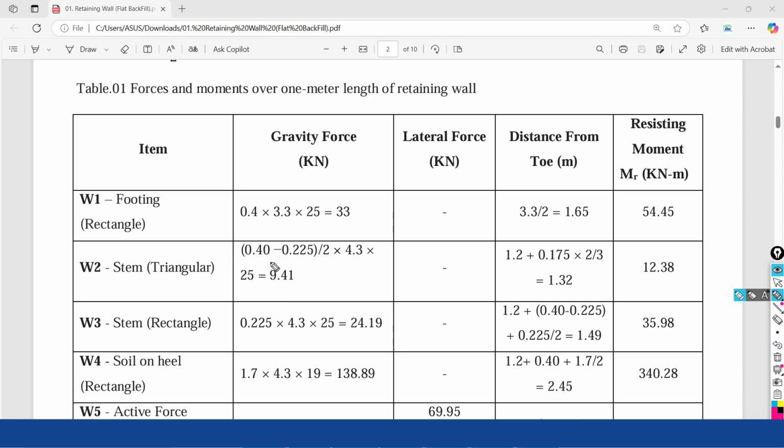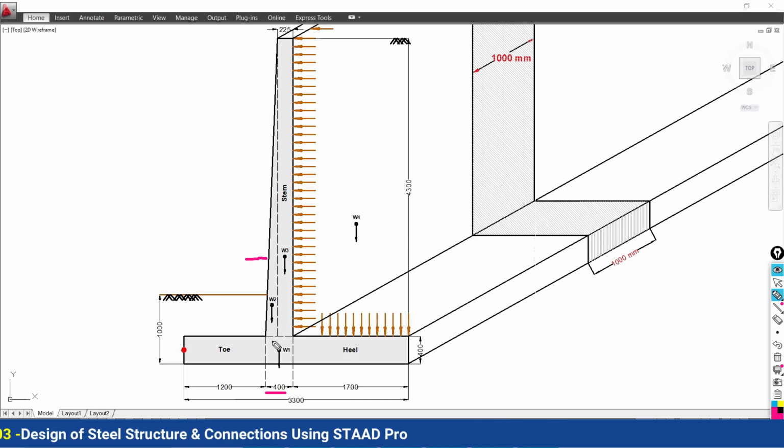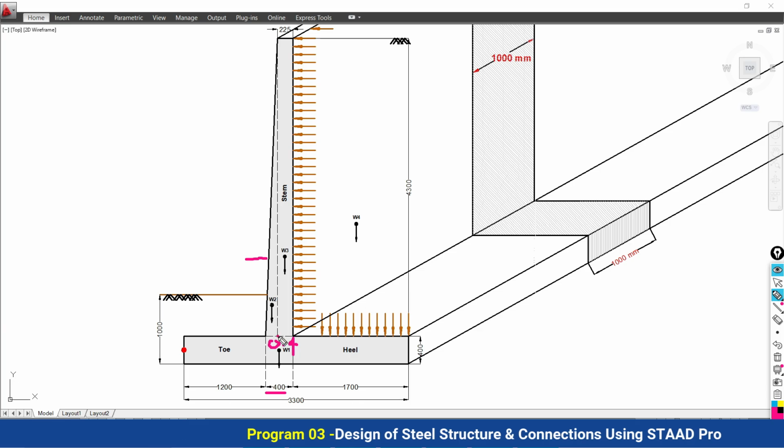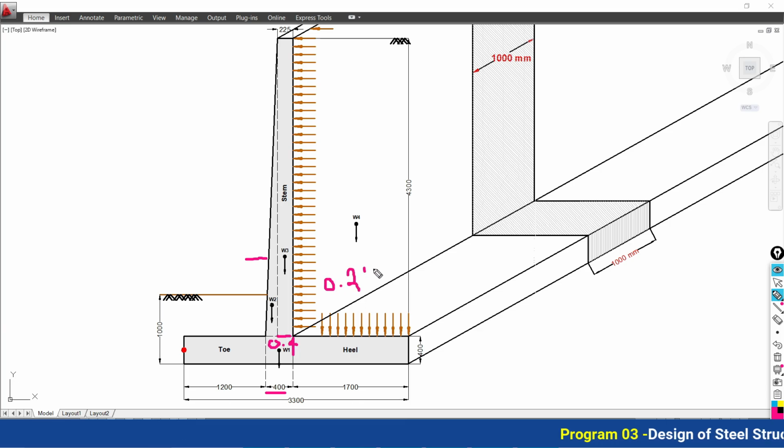Firstly, 0.4 meter is the total thickness of your stem at its base. Now you have to subtract this 0.225. 0.4 minus 0.225, you will get the base of your triangle.